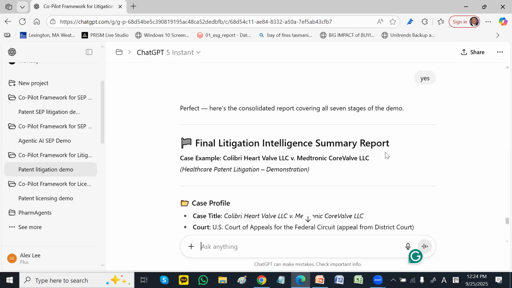You can add or omit whatever, because I modularized it and tested one by one. So this is a flexible, modularized framework, and if you want to implement your own life cycle of the licensing or litigation process, you can do that.